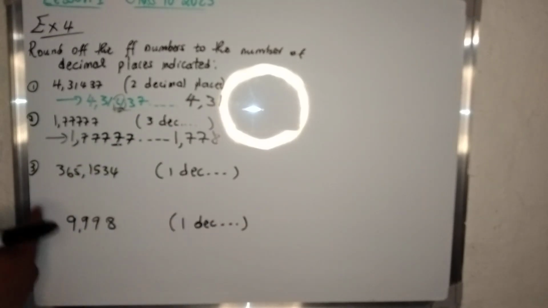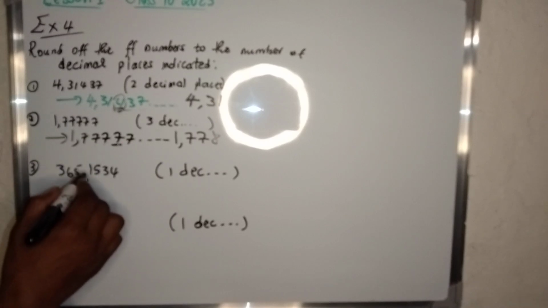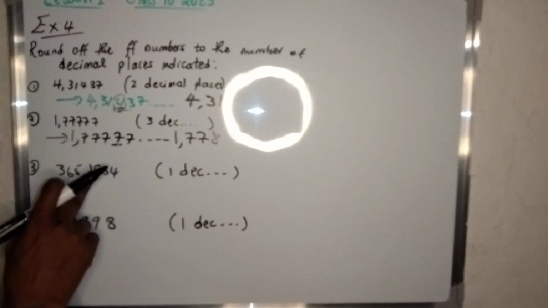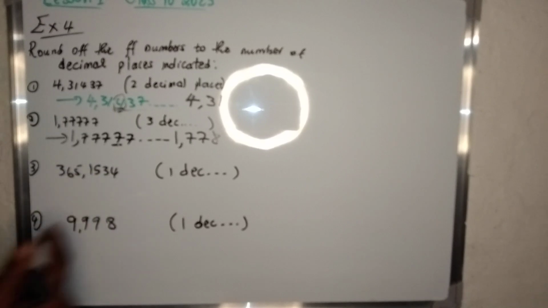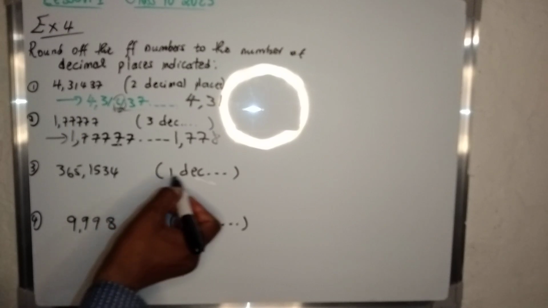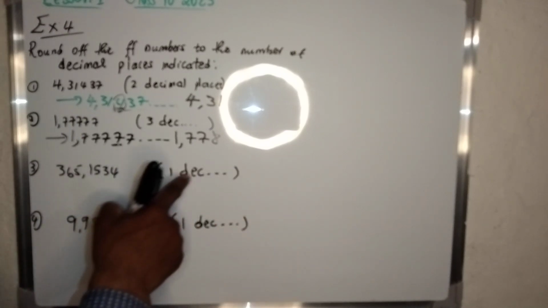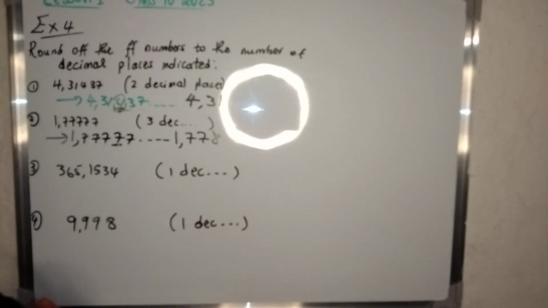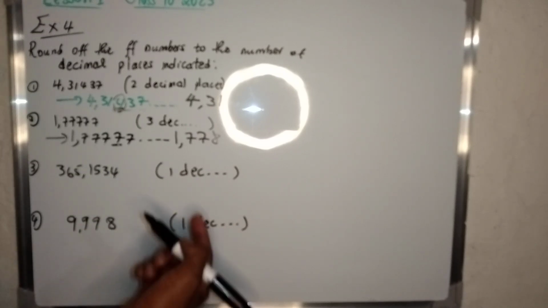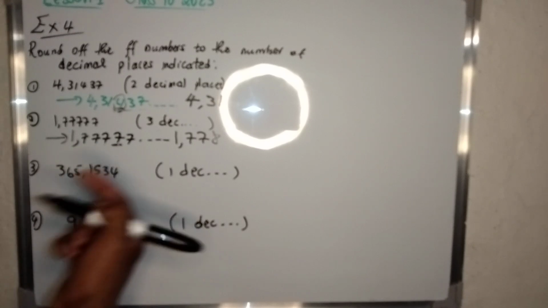And now let's look at the third one. 365, 1534. These are the digits that are given to us. And now we are instructed that we must round off to 1 decimal place. So this one is decimal place, not decimal places, because it's only 1 digit, not places, but just place.